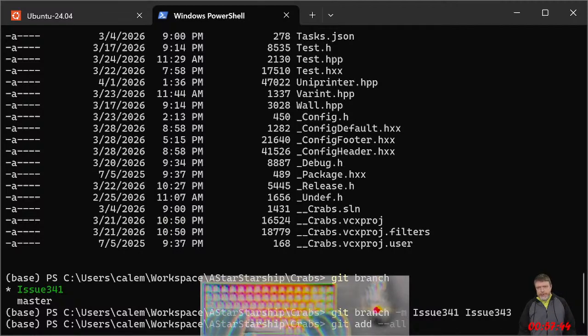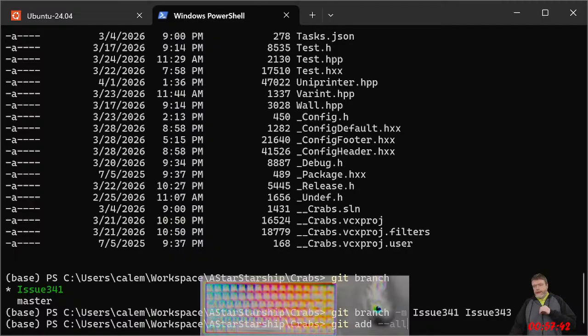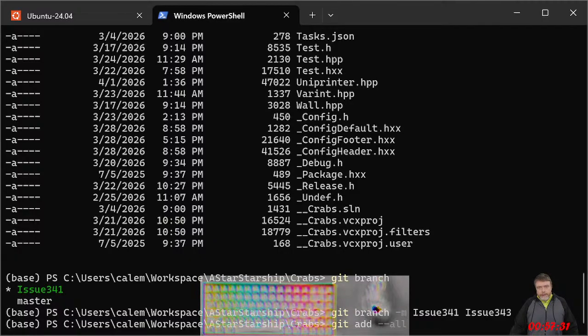So the difference between a git add dot and a git add dash dash all is that it'll add every file that's in the folder into the commit to push out to GitHub. And sometimes you need to do this if you deleted files.